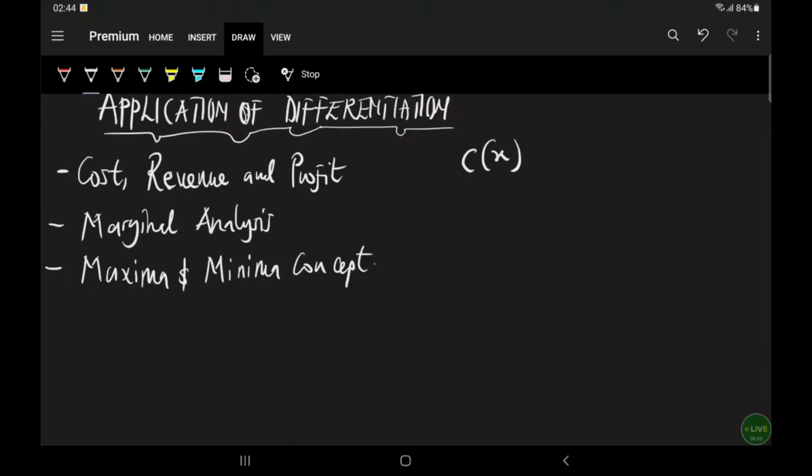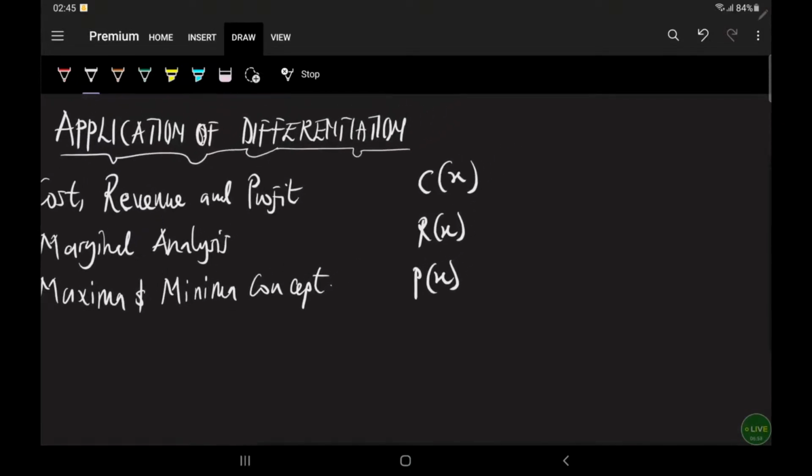When I incur a cost to come out with a product, I have my cost function. Likewise, when I sell the product to customers, I obtain revenue, so I can also have my revenue function, as you can see here. Then I can also have my profit function.